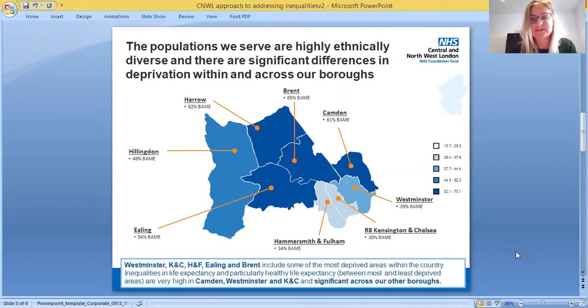We use a banding in the NHS, 8A, 8B, 8C, so those are more senior roles, and only 22% of our BAME staff are in senior roles. So the inequalities that we've got, and that's not just in our trust, that is common across the UK in other trusts, doesn't represent the communities that we serve.